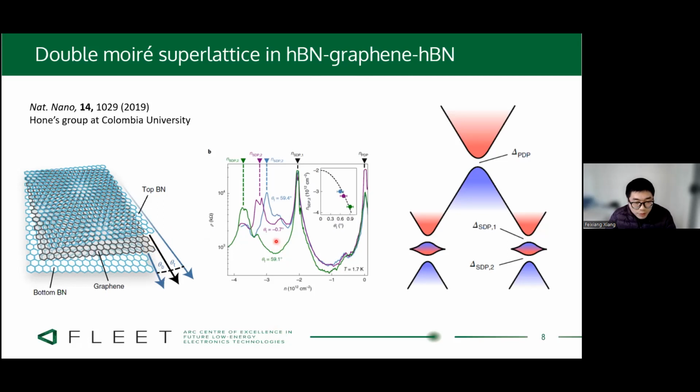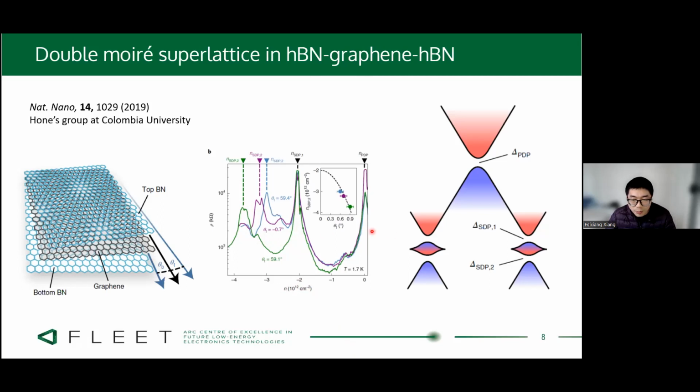These two superlattices can modify the band structure of graphene, and when they measure the resistivity as a function of carrier density, they see two insulating states from the top and bottom moiré superlattices.